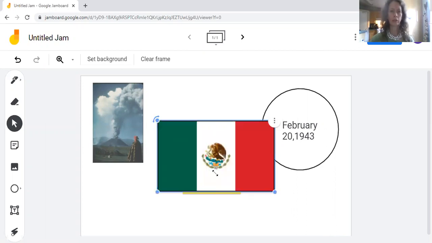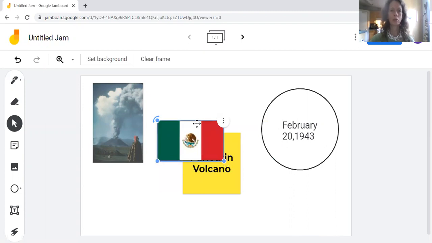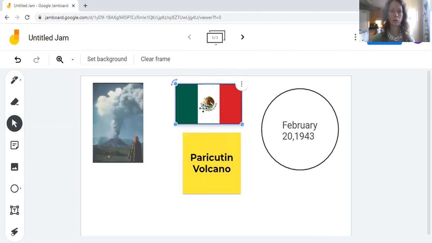All right, got the flag of Mexico. And let's see, what else could we put on here? Let's look at our facts again, see what else we can put on our Jamboard.